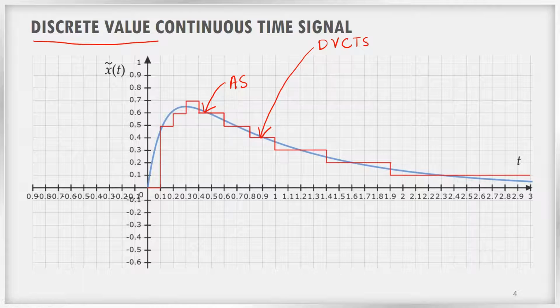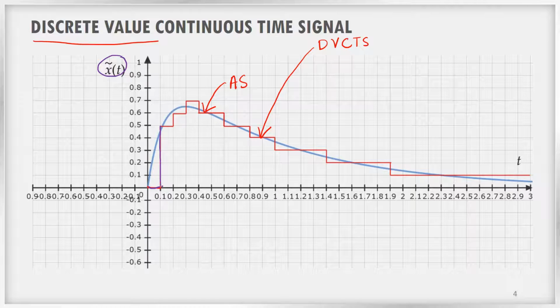So what is meant by discrete value continuous time signal? You can see that this red discrete value continuous time signal cannot take any values in the amplitude axis. Rather, it can take only some particular values.